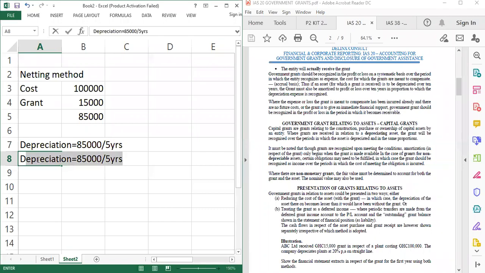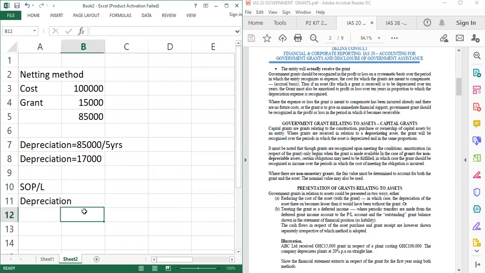So the depreciation is how much? 17,000. So in the statement of profit or loss, we show depreciation of 17,000.